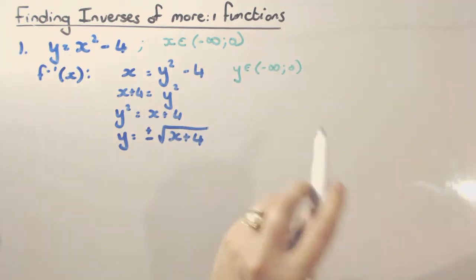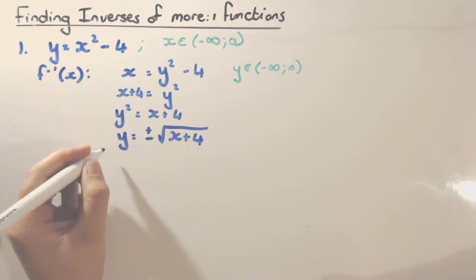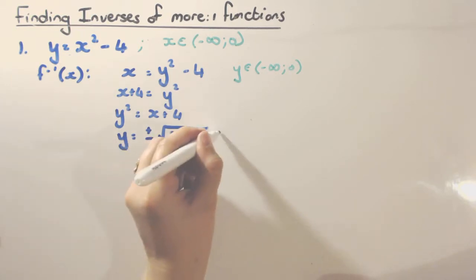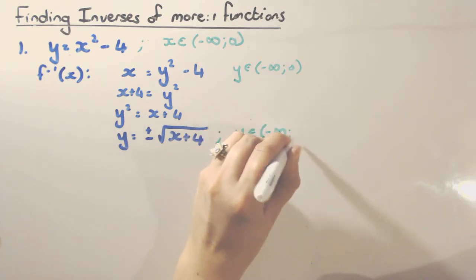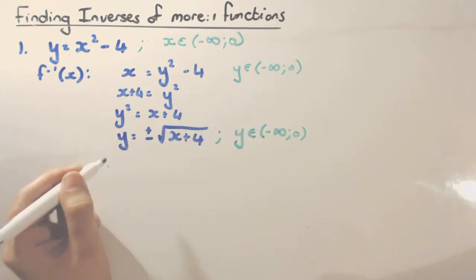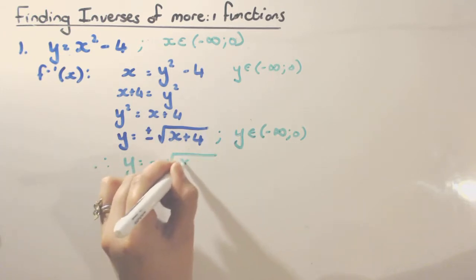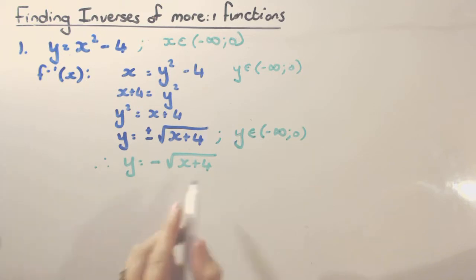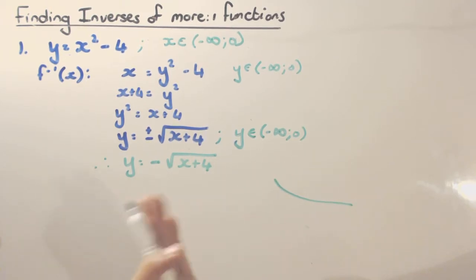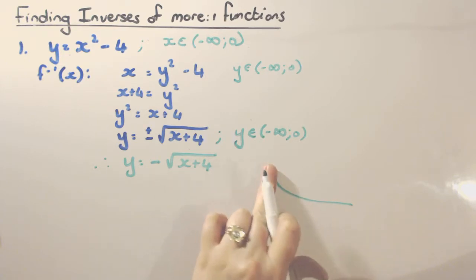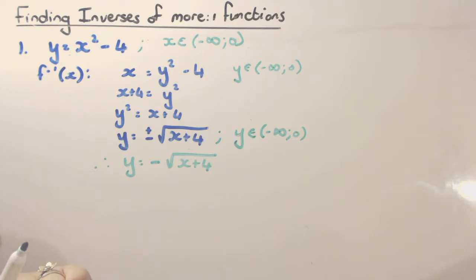Since my y values are negative, when I get here I just say the y values are negative, so therefore my y should be negative root x plus 4, and if I go and draw it on a graph, then it's just that bottom part of the sideways parabola. So that's the only thing that's actually extra.